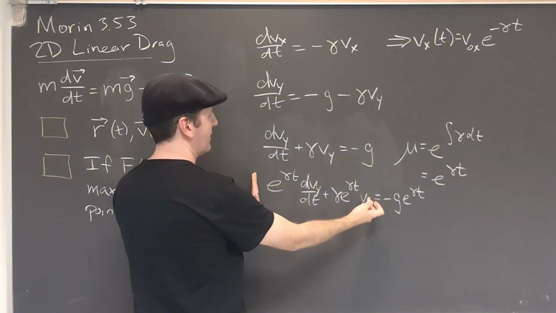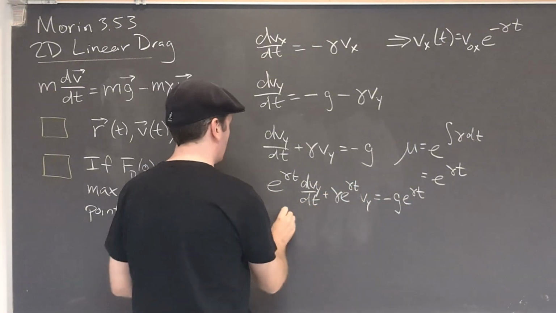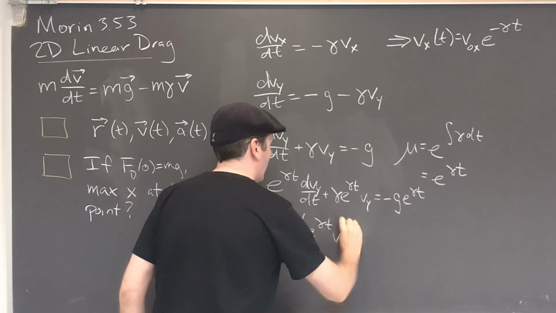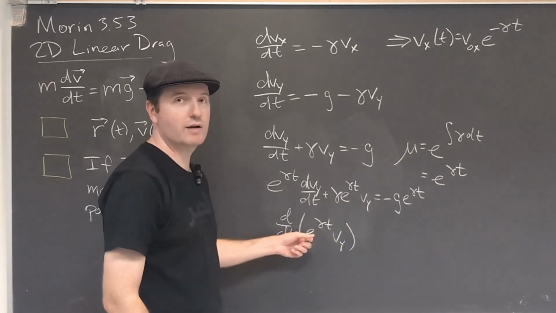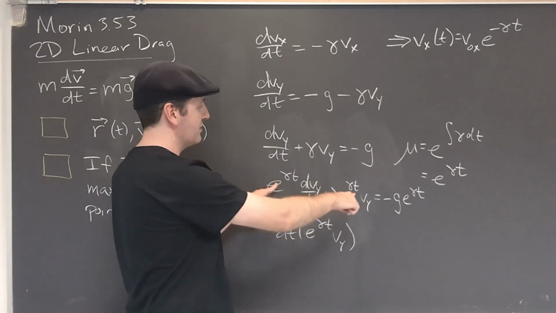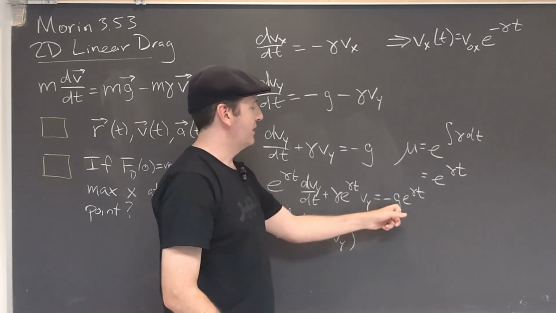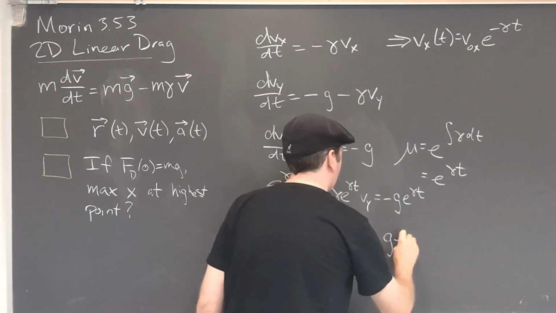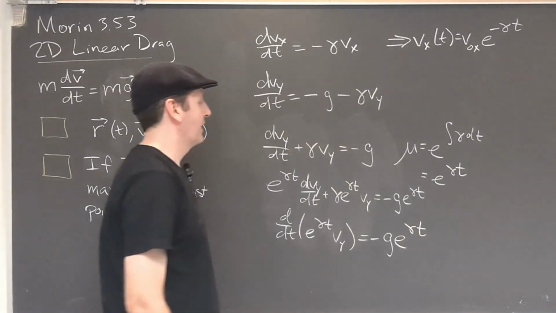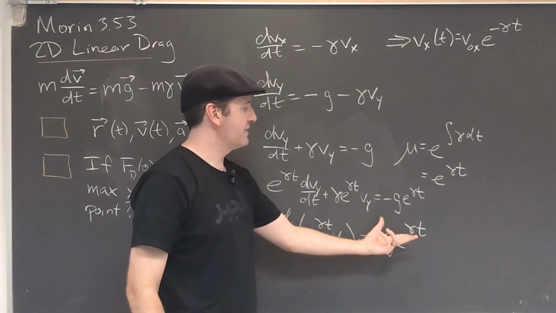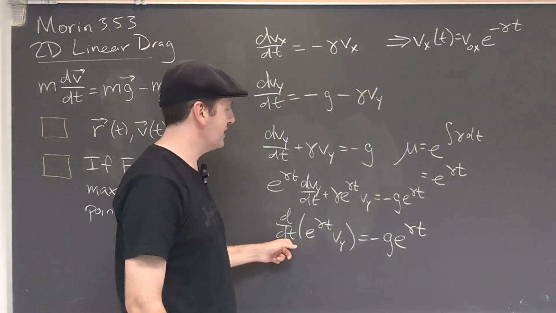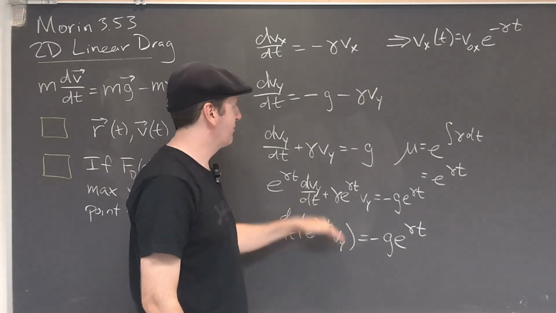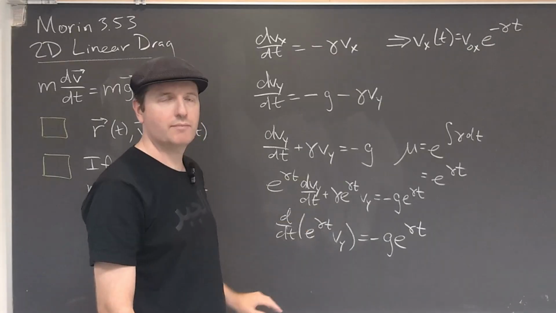So as I said, this part was exactly chosen so that this all becomes, I'll let you go ahead and do the product rule on this to see, yep, it expands back out to these two pieces. And then the right-hand side is just some new function of t. Now I can just integrate both sides of this with respect to t and get my final result. Let me bring that up and we'll finish off one more bit of math here.